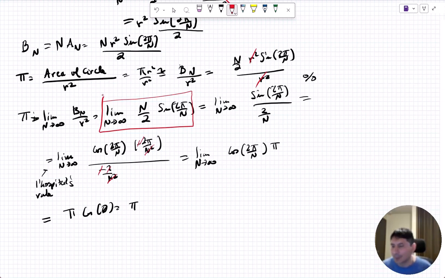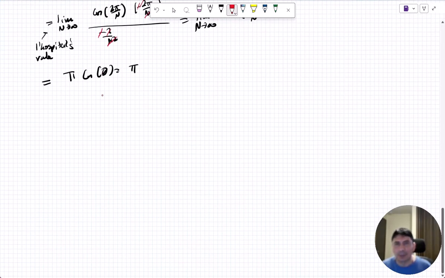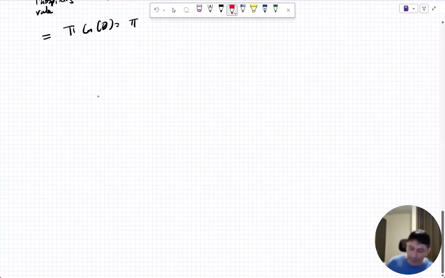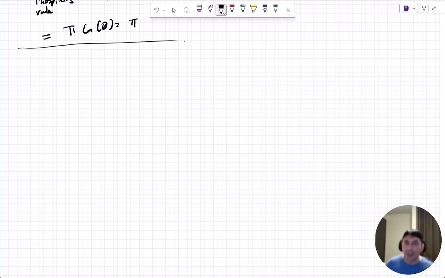So now the next method is a probabilistic method. It's known as a Monte Carlo method, in the sense that you're using a probabilistic experiment to calculate a probability, which at the end of the day gives you the value of pi in one way or another, using the formula.